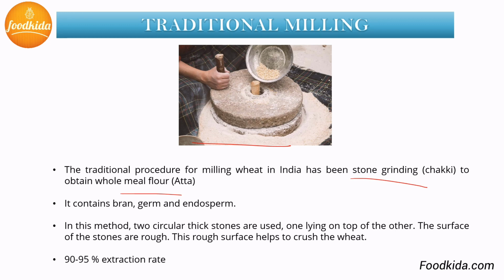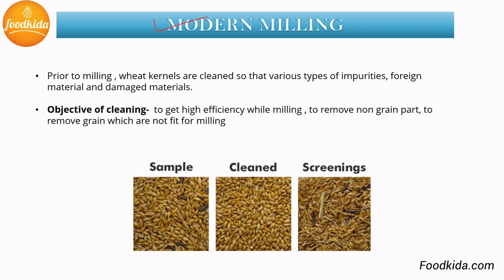So ultimately wheat will be converted into flour with a 90 to 95% extraction rate, and the remaining are the broken or left-over kernels. The flour obtained consists of all the nutritious parts of the wheat because it includes bran, endosperm, as well as germ, and along with this the indigestible part of the wheat simultaneously gets eliminated. Now, the modern method of milling, that is roller milling.